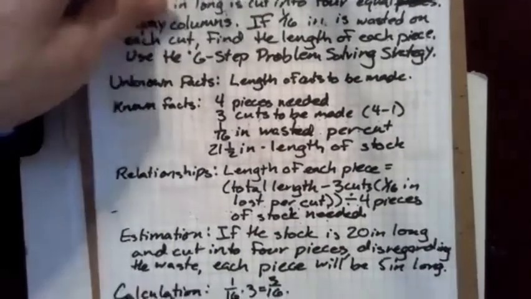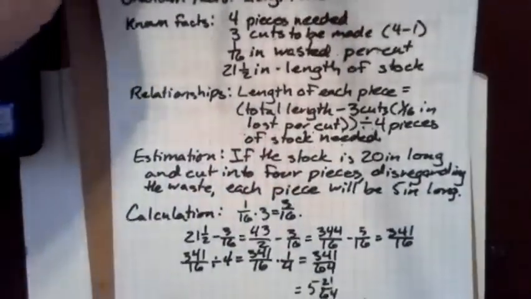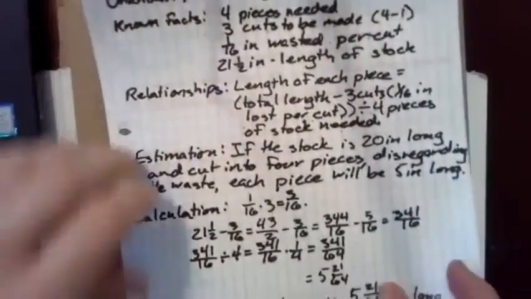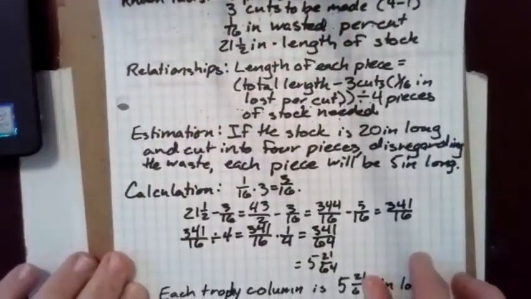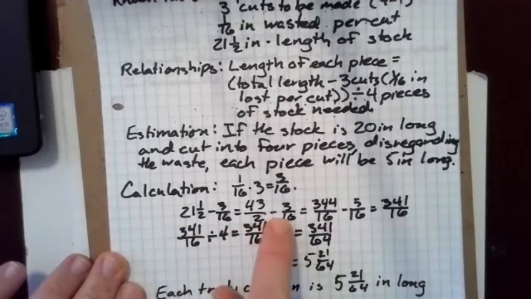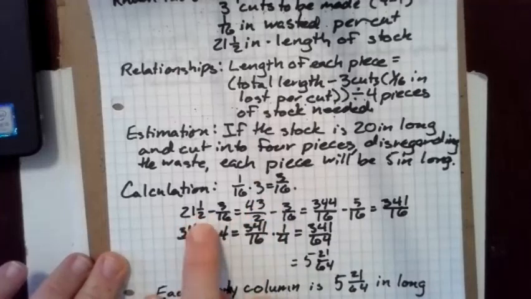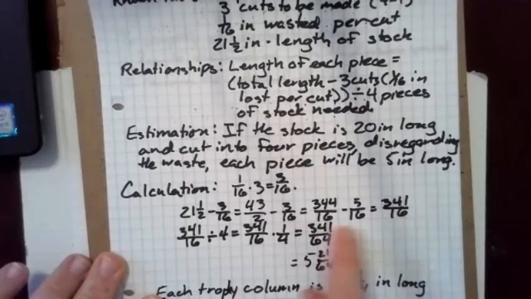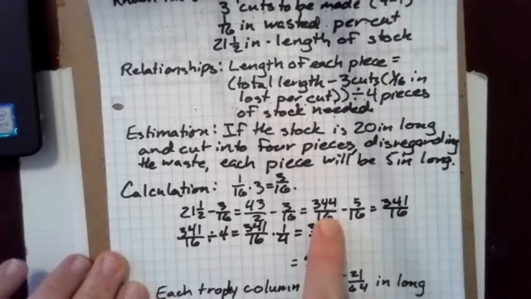So we do this calculation step by step. First, we take that 1/16 times 3 to get 3/16 inches of waste. We subtract that from the 21.5 inches. We have to do some conversions from 21.5 to an improper fraction, and then change this to like fractions.